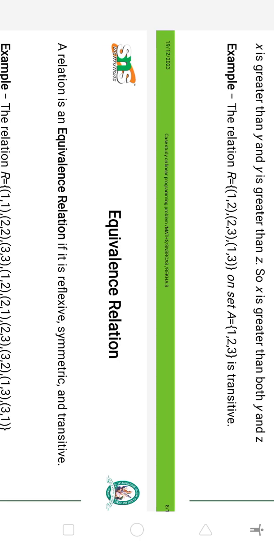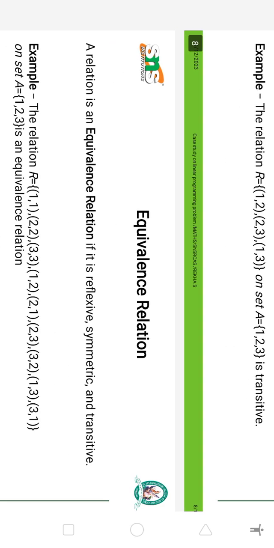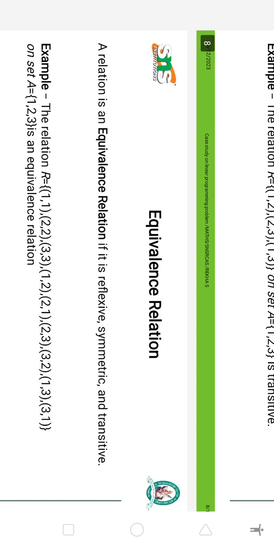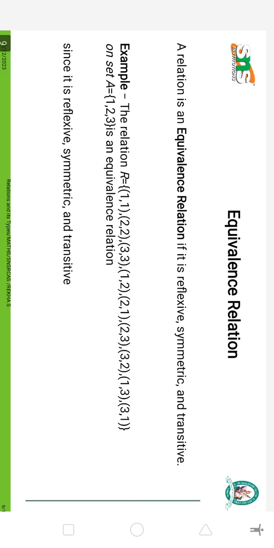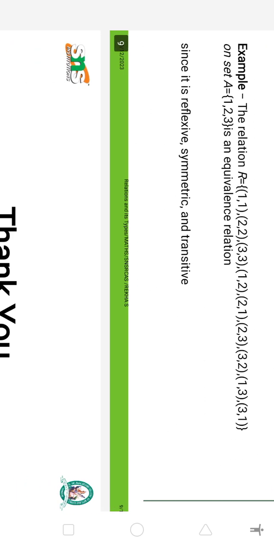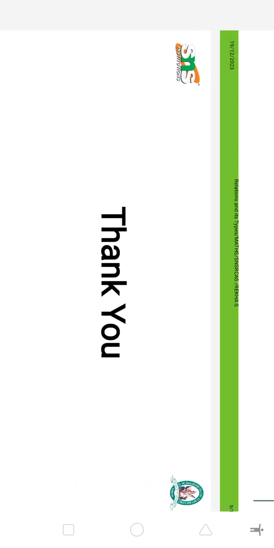If the relation satisfies reflexive, symmetric and transitive, we say it is an equivalence relation. For example, (1, 1), (2, 2), (1, 2), (2, 1), (2, 3), (1, 3), (3, 1) satisfies reflexive, symmetric and transitive.